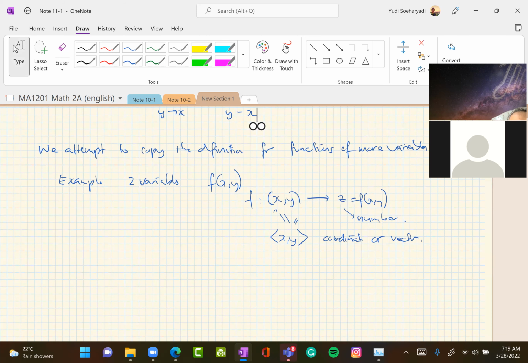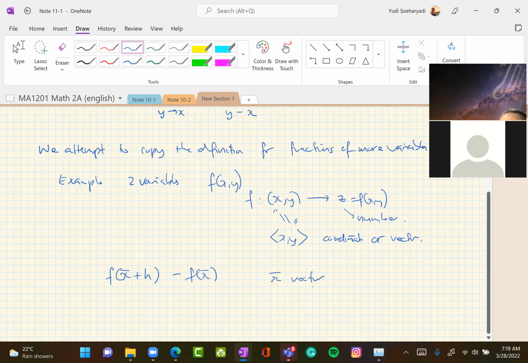All right, so let's copy this one here. If we write something like this, then x should be a vector, right? And h also, because if you add something to a vector, then it should be a vector.